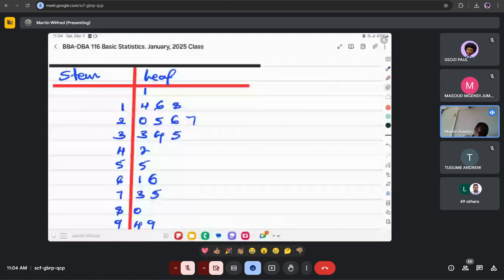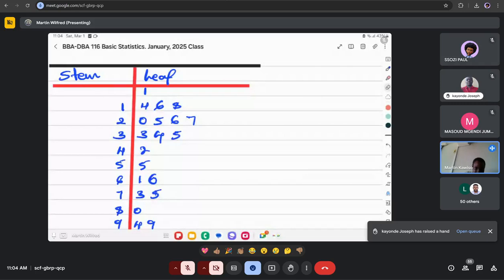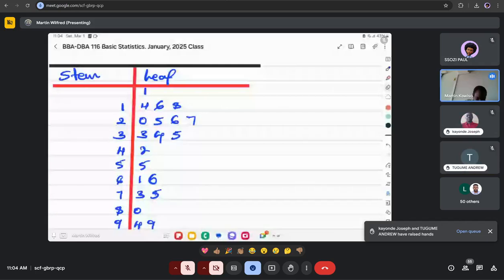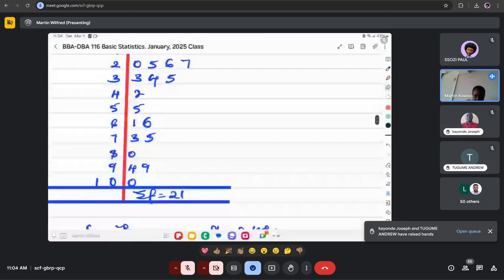It has to be 20, so you start on a different line so that it reads off properly. 20, 25, 26, 27, 33, 34, 35, 42, 55, 61, 66, 73, 75, 80, 94, 99, and 100.